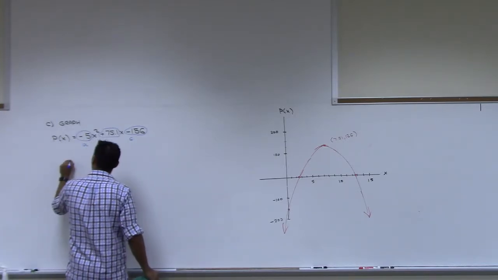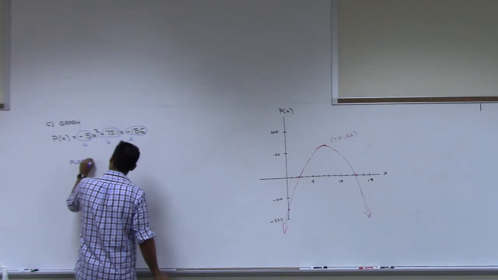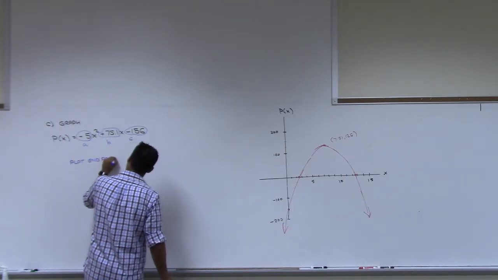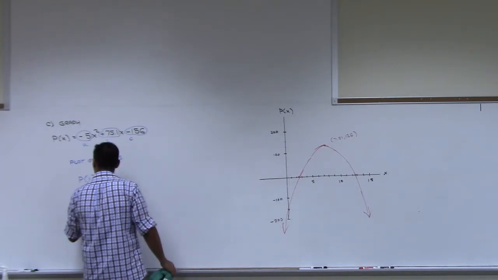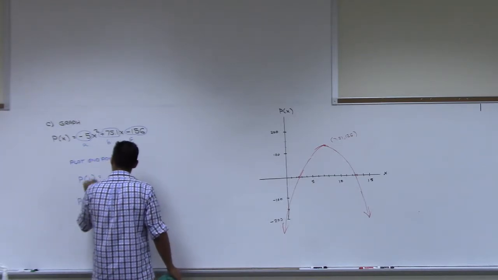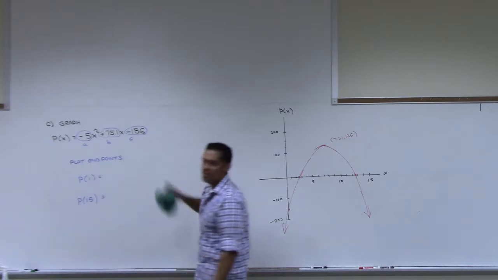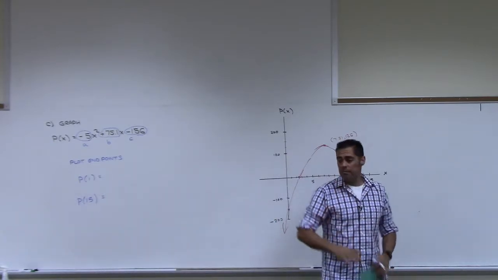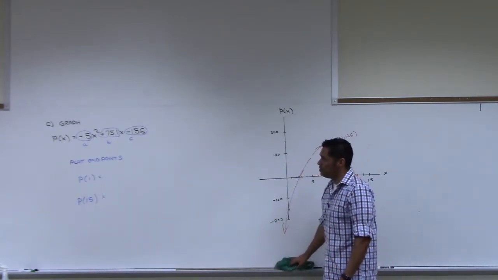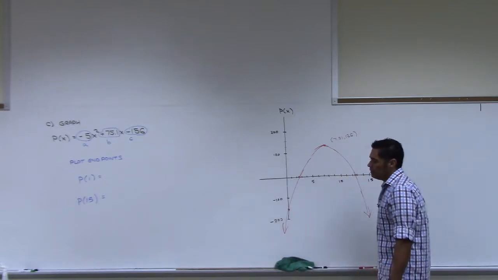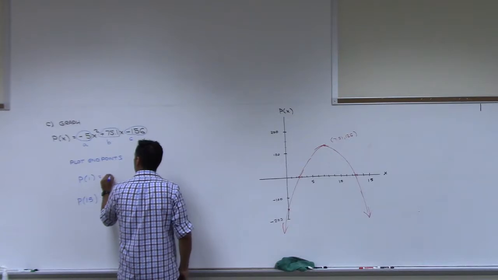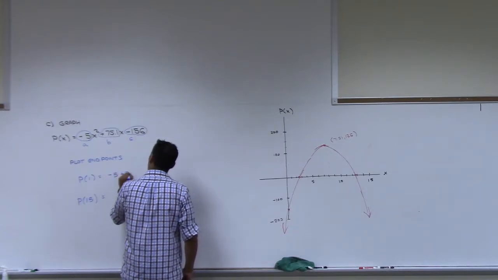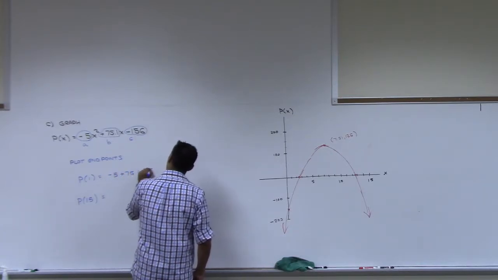So I'm going to plot right now what we call the endpoints. So I want P of 1 and P of 15. So you get to plug 1 in and you get to plug 15 into that. And that's going to, again, be something you can do on your calculator. So if I plug in 1, that's pretty nice because it's just going to be negative 5 plus 75.1 minus 156.